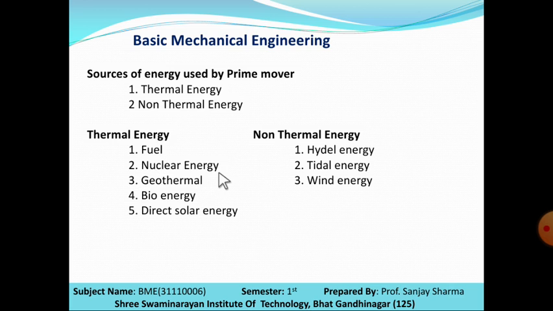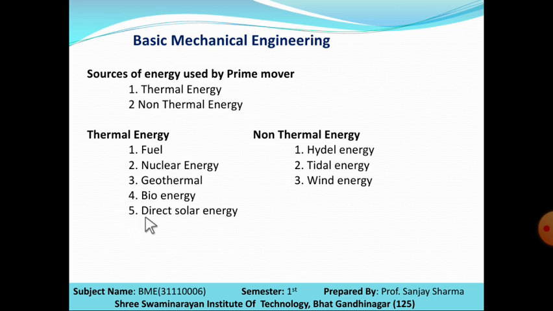Nuclear energy is obtained from nuclear reactions. Geothermal energy is obtained from natural sources. Bioenergy is, for example, biodiesel. And direct solar energy is through the sun.